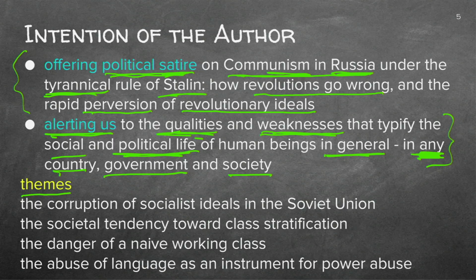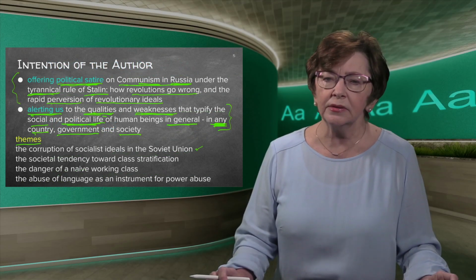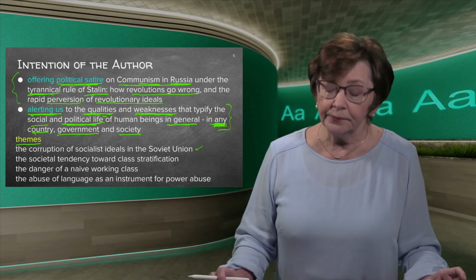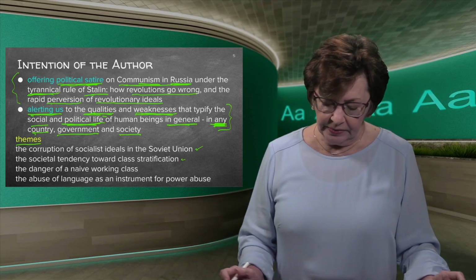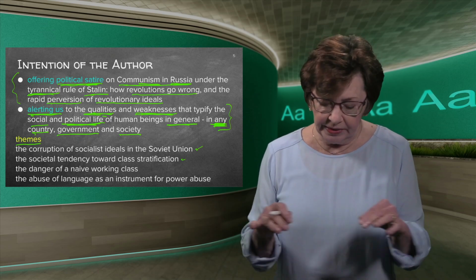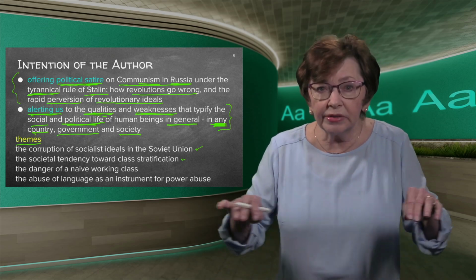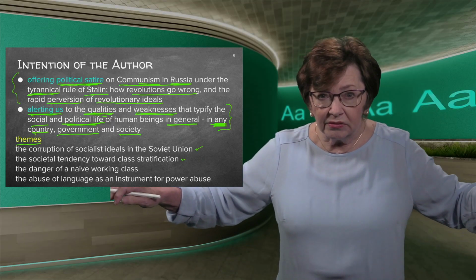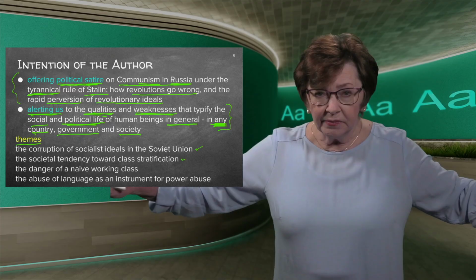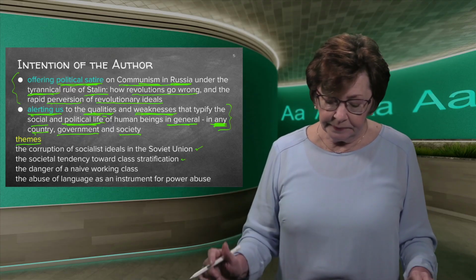So, as I said, the themes are probably about the corruption of the socialist ideals in the Soviet Union. It is also about man's social tendency towards class stratification, putting groups into classes.